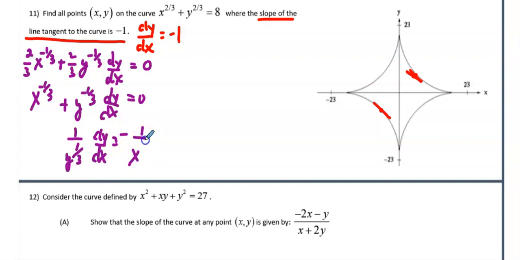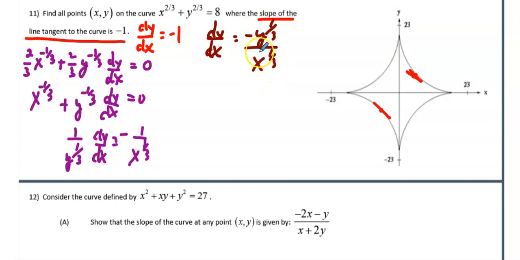And then we're going to multiply by y to the 1/3 power. So the expression for dy dx is going to be equal to negative y to the 1/3 over x to the 1/3.